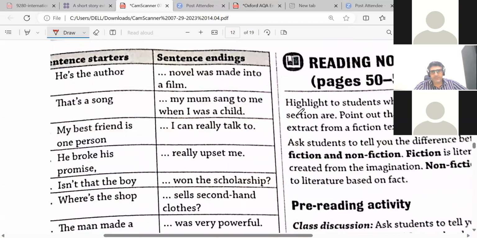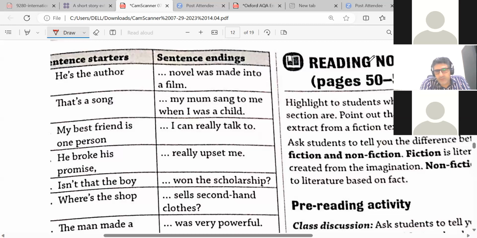Now relative pronouns, guys. Actually, they are really important and really useful for your academic writing. They help you to write and structure strong grammatical structures. What you need to do, working in pairs, Akram and Khalid, is to match each sentence starter to a sentence ending. For example, he's the author.